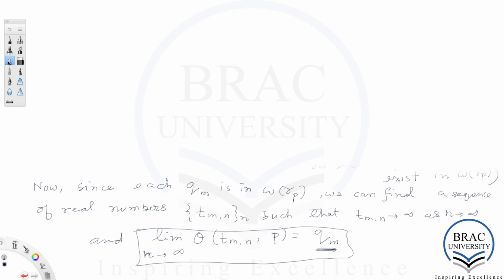Using basic analysis, we immediately see that for all positive epsilon, there exists a natural number N such that the norm of the difference of these two numbers can be made arbitrarily small, right? Whenever m is bigger than this natural number, big N. This is our equation number 11.